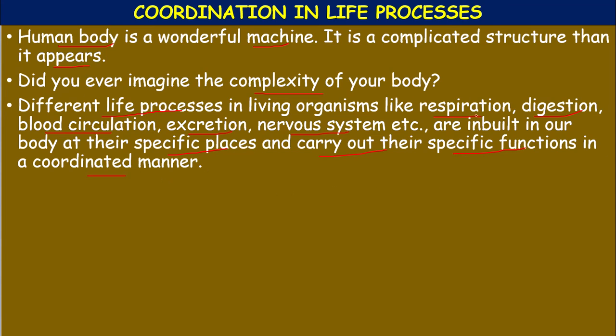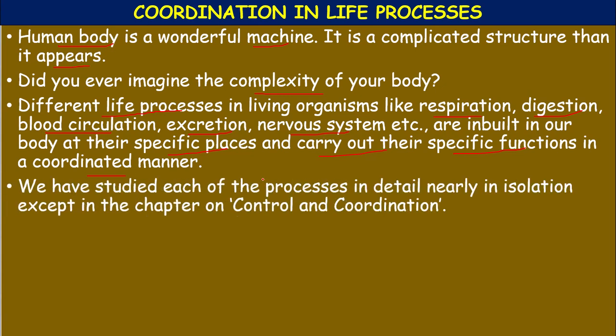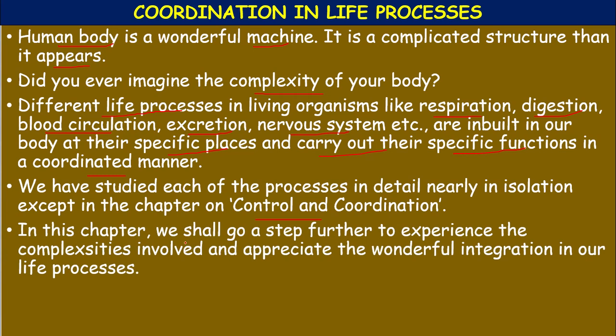The respiratory system performs respiration, the digestive system performs digestion, circulation is transport, the excretory system performs excretion, the nervous system performs coordination. So all these functions are specific. We have studied each of the processes in detail, nearly in isolation, except the chapter control and coordination, isn't it? In this chapter we shall go a step further to experience the complexities involved and appreciate the wonderful integration in our life processes.